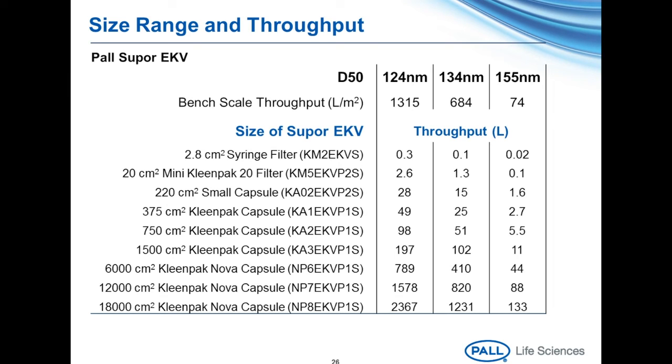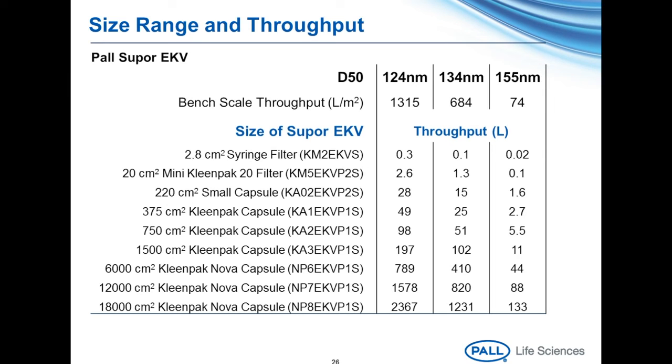For instance, if we look at the volumes possible through Supor EKV in small 220 centimeter squared capsule format, we see that the bench scale test implies that we could obtain 28 liters of an emulsion solution through that small filter.